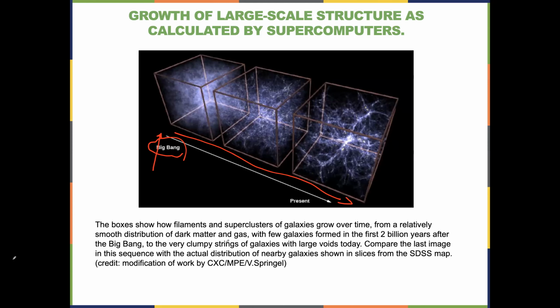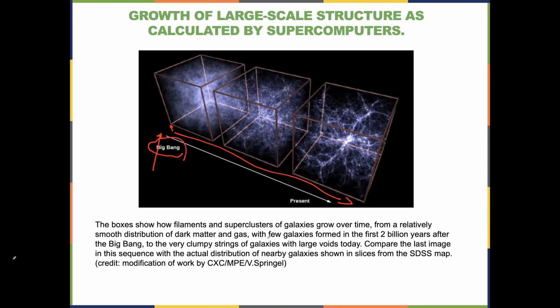The boxes show how filaments and superclusters of galaxies grow over time. At the beginning, it's like this, and with time you can see this filamentary structure grows, and this structure right here at the end is what we see right now.